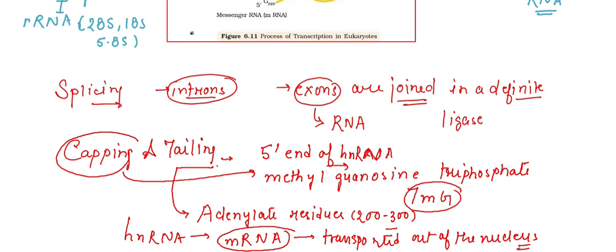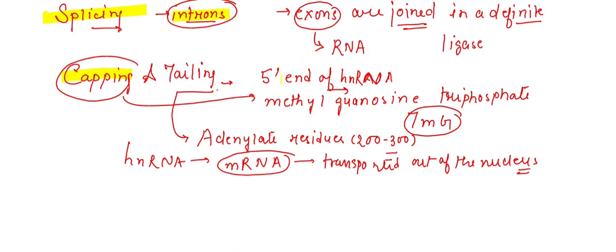We have to remember splicing, the removal of the introns. We have to remember capping: at the 5' end of hnRNA, methyl guanosine triphosphate is added. And we have to remember tailing: at the 3' end, adenylate residues are added. Right? So now the hnRNA is processed and comes to the cytoplasm from the nucleus.